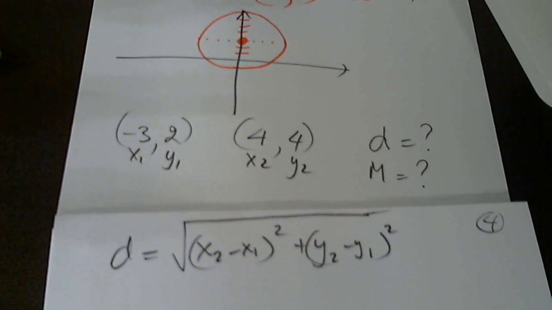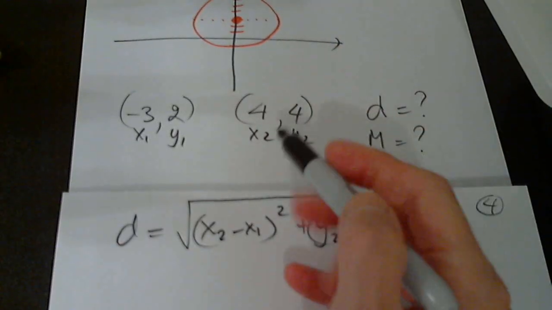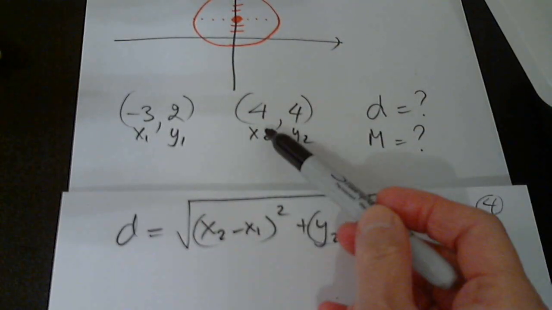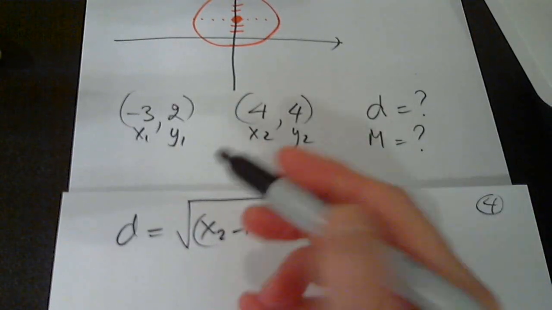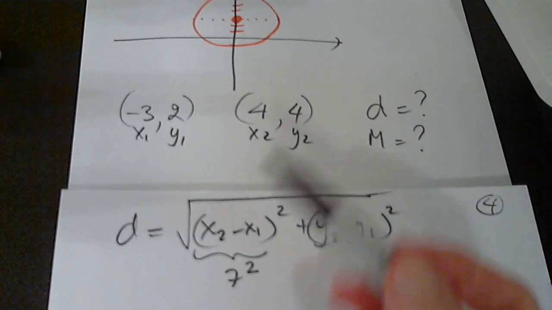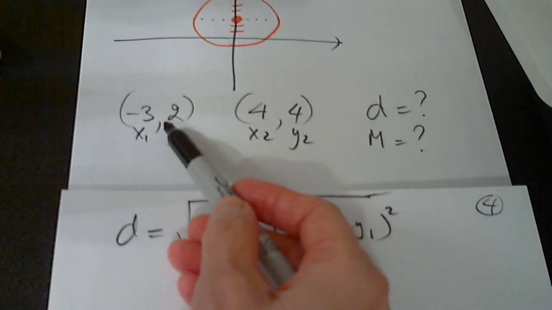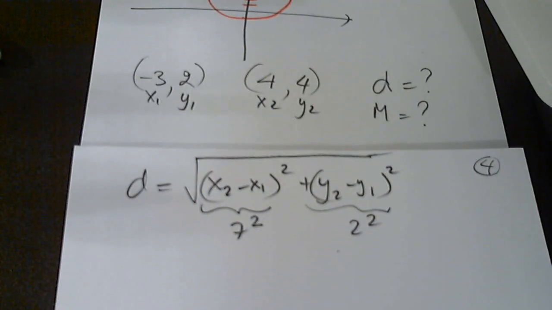It would be a mistake. Okay, good. So, 4 minus negative 3, so this will be 7 squared. 4 minus 2, that would be 2 squared.